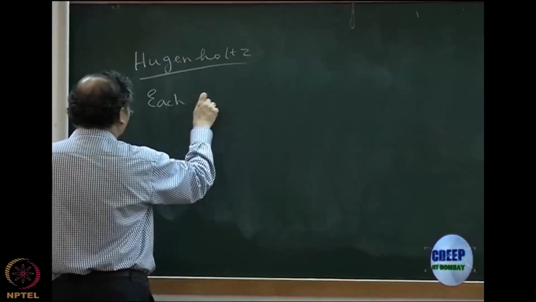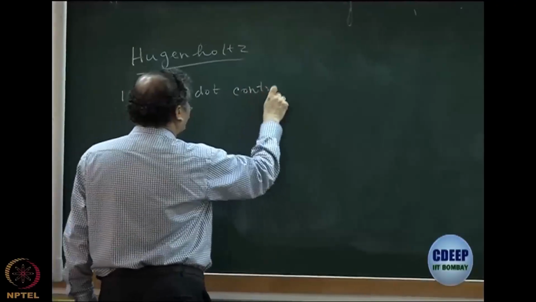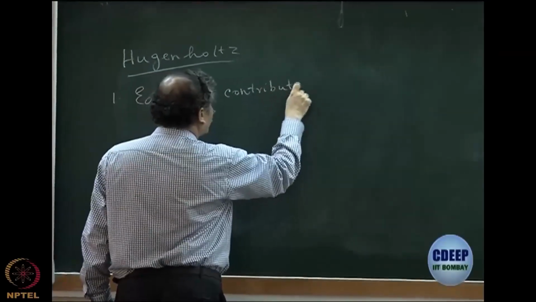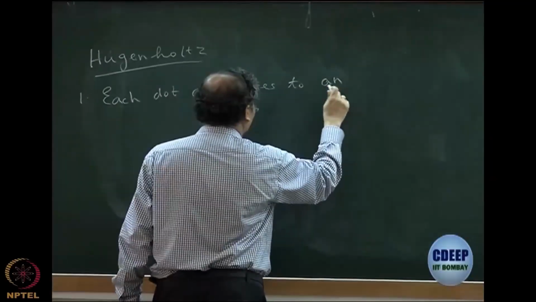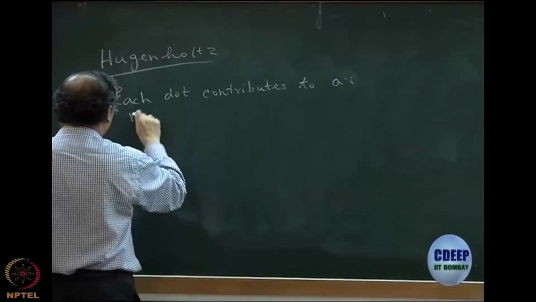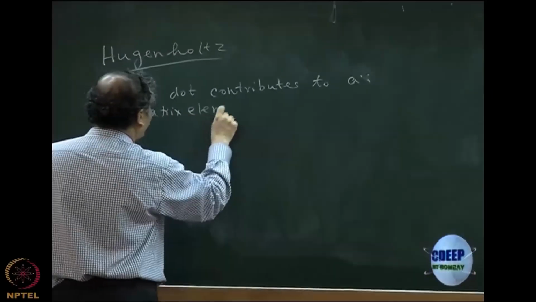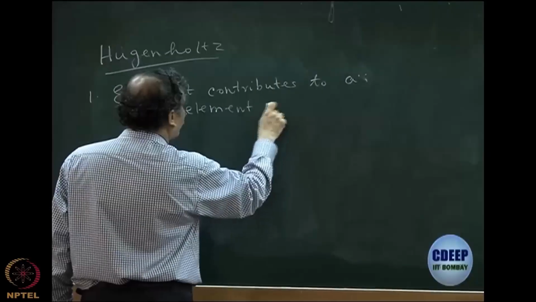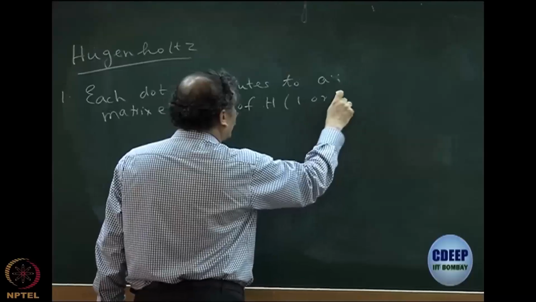Each dot contributes to a matrix element of the Hamiltonian, either one or two particle.